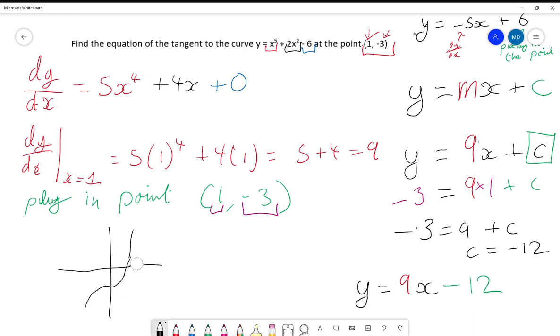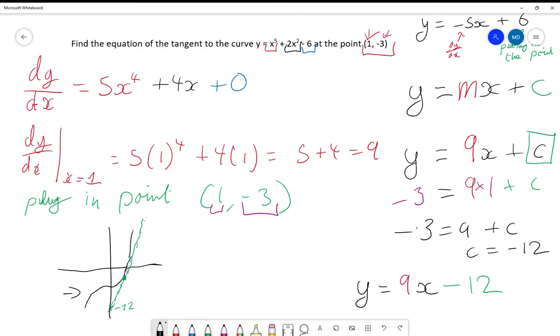Let me draw that better. And we're going to get a tangent sort of at this point here, 1, -3, and it's going to cut through like this. So that there is our point -12. This here is the point 1, -3, and our gradient is 9. So this is the line we found the equation to.